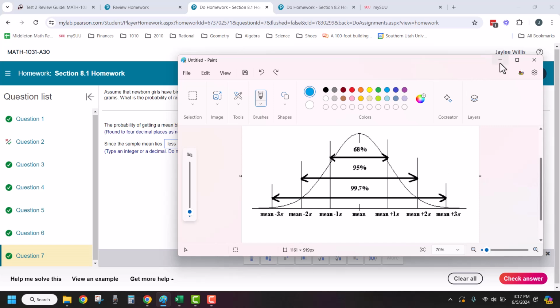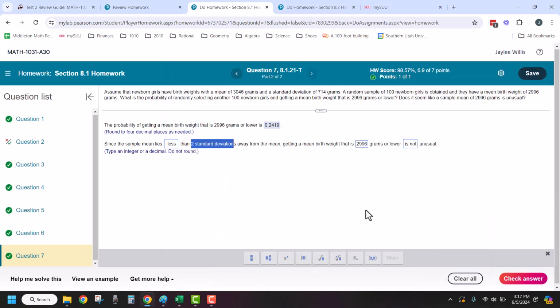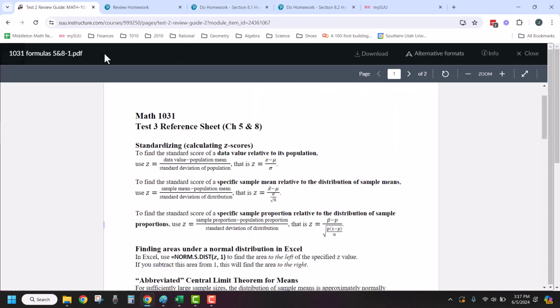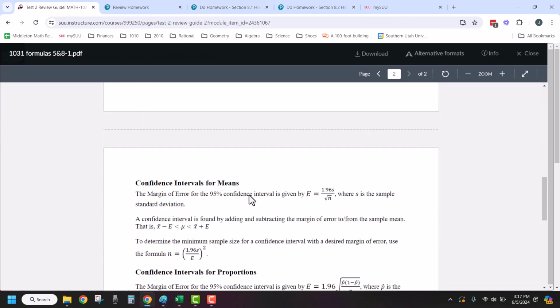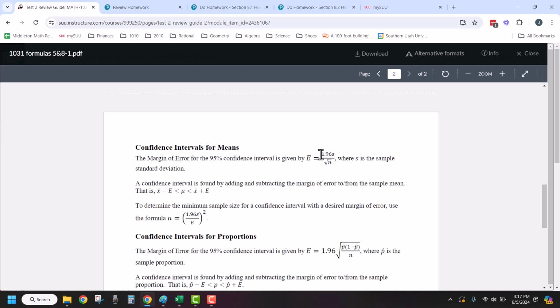And anything outside of that is considered to be unreasonable, because 5% of the time or less, your sample will be outside 2 standard deviations of the population mean. So that's why we use 2 standard deviations. And this is also the reason, if you look at the confidence interval formulas, that the number 1.96 shows up in all of these formulas.